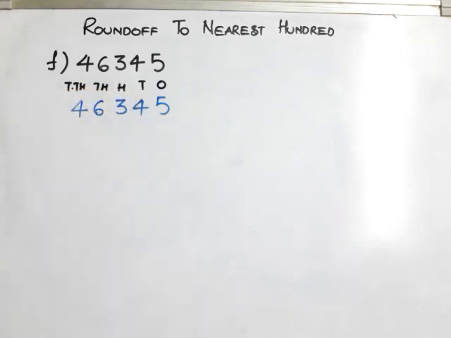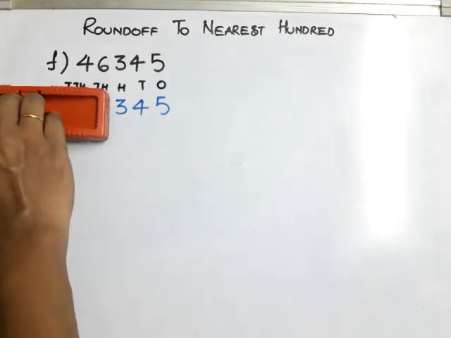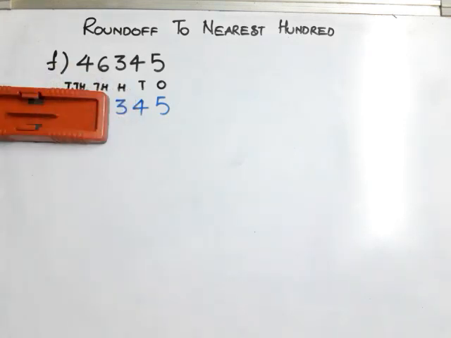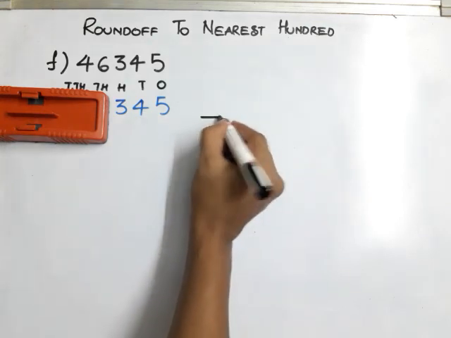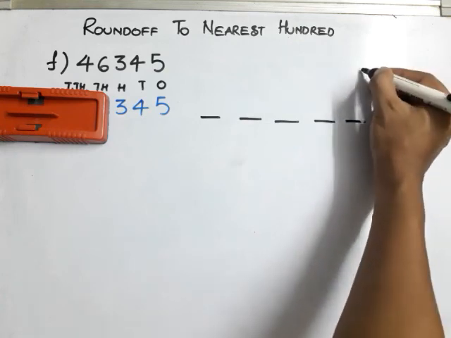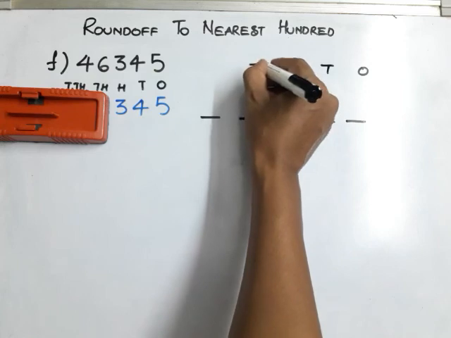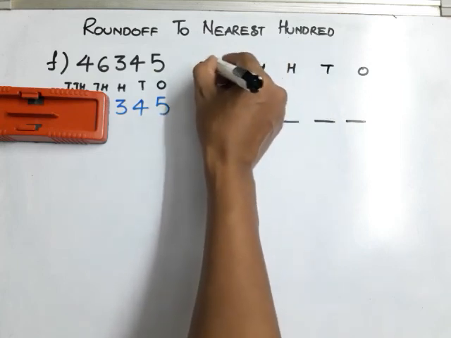As we have to round off to nearest 100, we are least bothered about the digits next to hundreds. But in the solution, we will see those place values as they are.